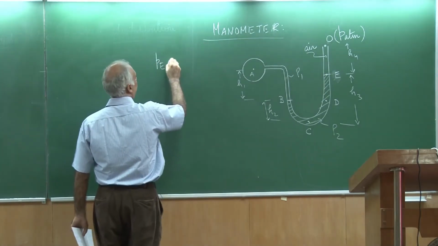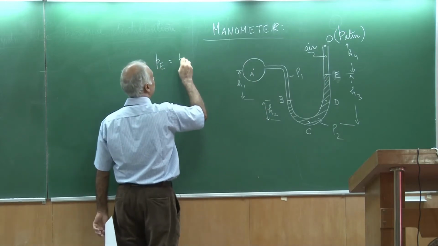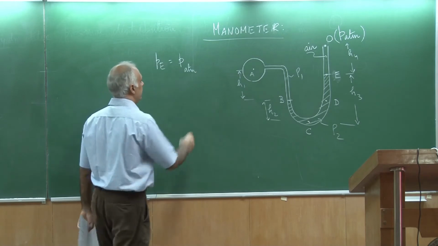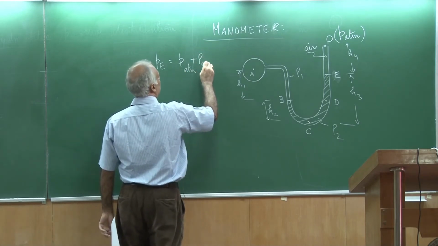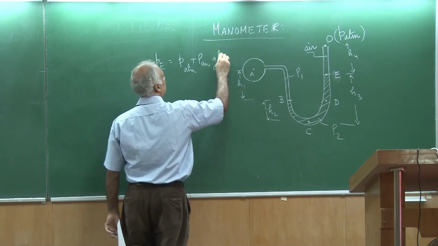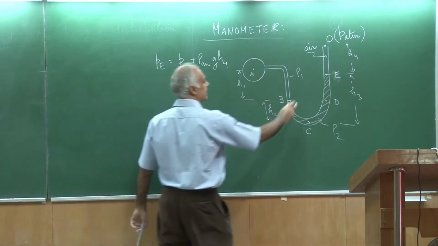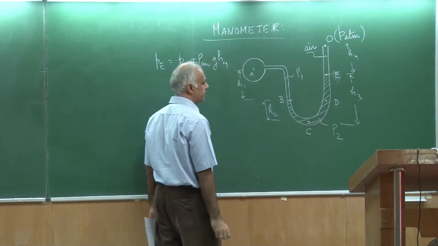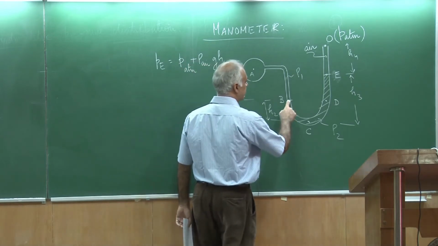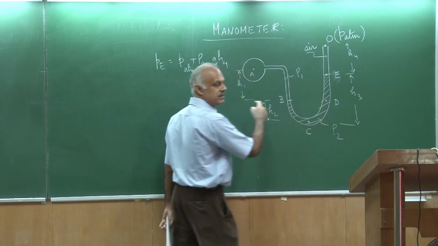The pressure at point E I can write in terms of pressure at point O, which is the atmospheric pressure, plus rho air times G times H4. That is the pressure over here. Notice the pressure at point B and D are the same because we are going through the same fluid.